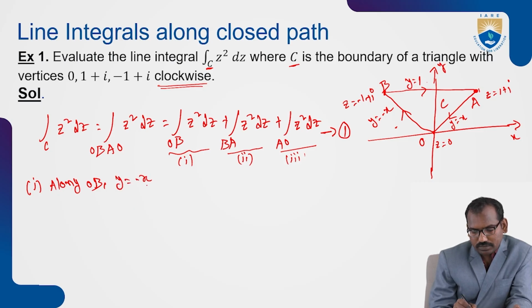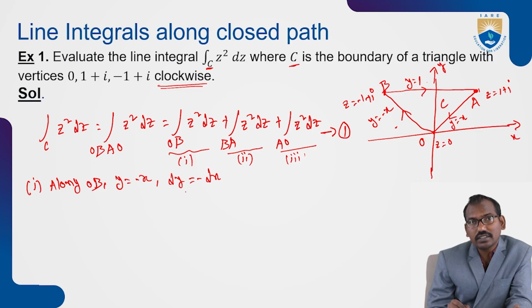Whenever y is minus x, dy becomes minus dx, because I am differentiating on both sides. What is dz?